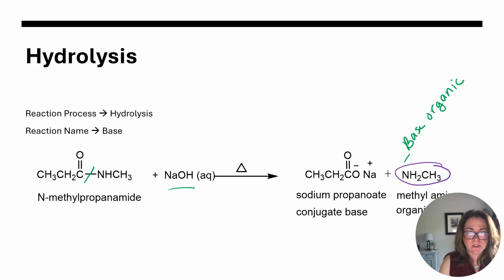Because that acid ended up giving up its hydrogen, it is going to form that salt. And since we have a carboxylate that's going to be very attracted to the sodium ion, that is what's going to give us our salt. So base hydrolysis is always going to give us our organic base plus our carboxylate salt, which is our conjugate base.